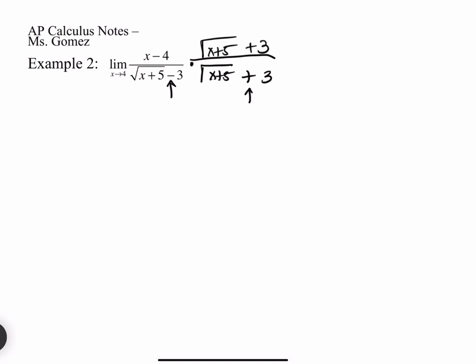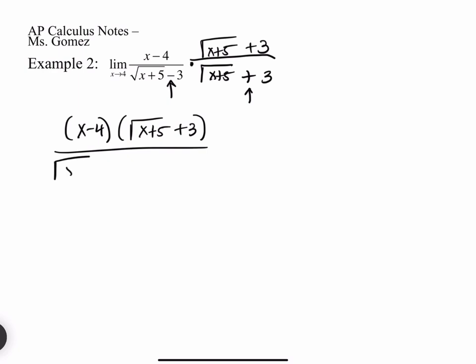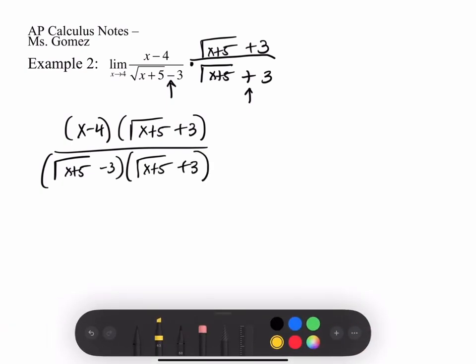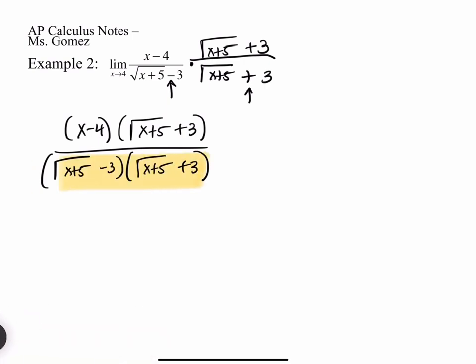Okay, now I'm ready. So in the numerator, I'm going to have x minus 4 and radical x plus 5 plus 3. That's my numerator. The denominator is going to be radical x plus 5 minus 3 times radical x plus 5 plus 3. Okay, I'm going to use FOIL in the denominator. Again, you can use box method if you want.